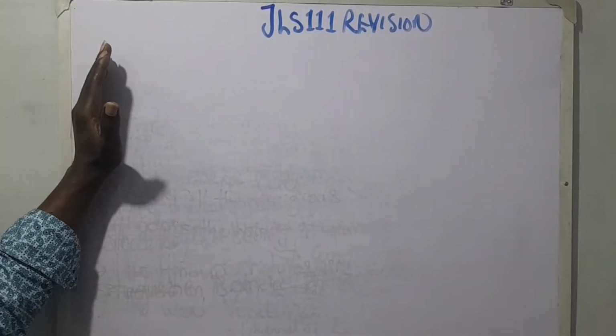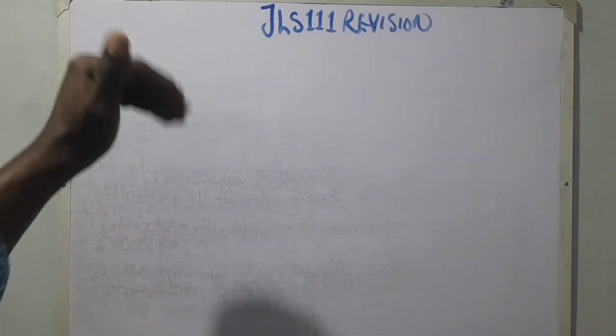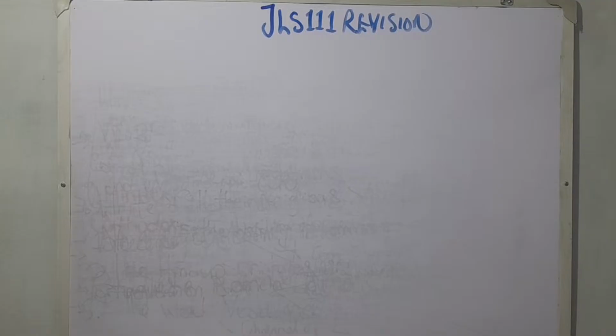Well, the sub-objective questions are questions that do not come with options. Basically, just the gap to fill, and you're expected to fill the gap correctly. So we'll be doing more of that in the course of this class tonight.